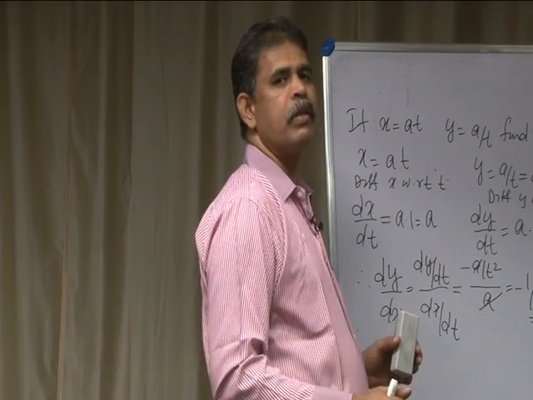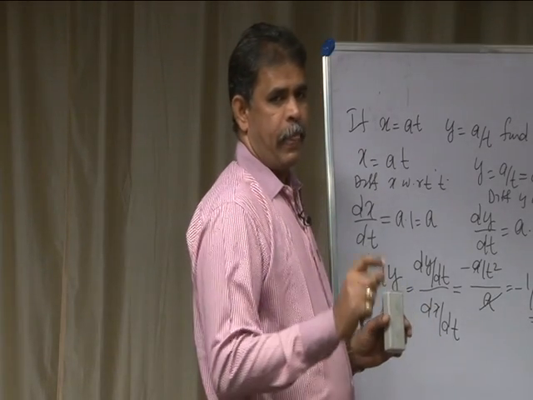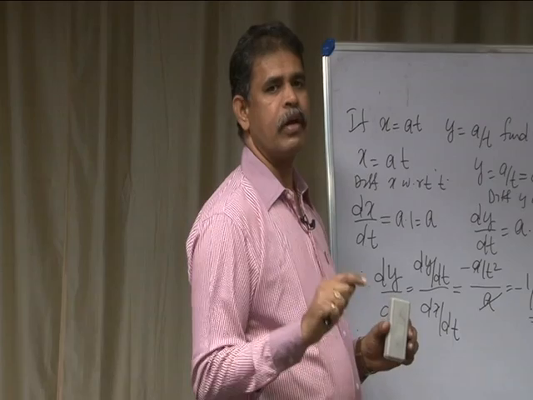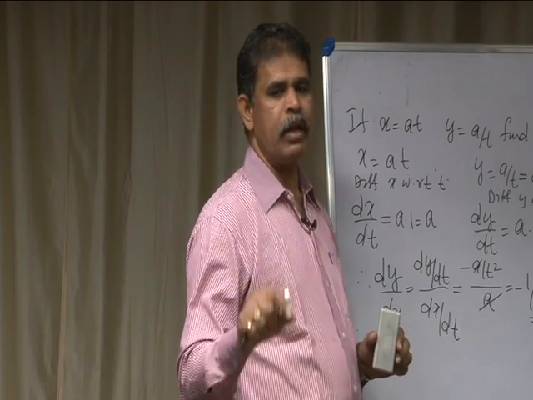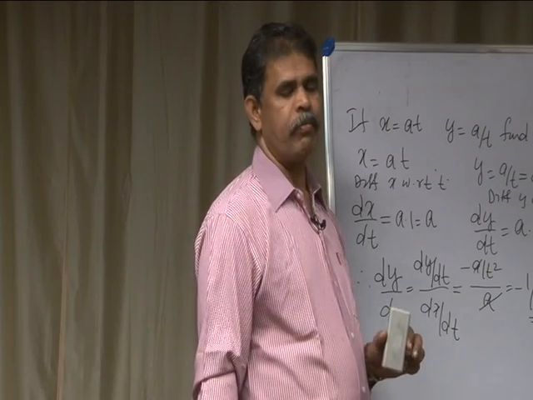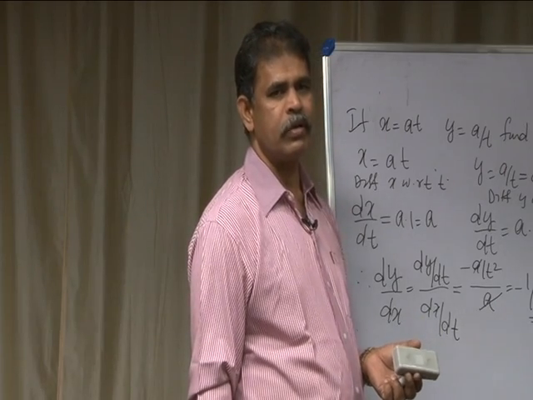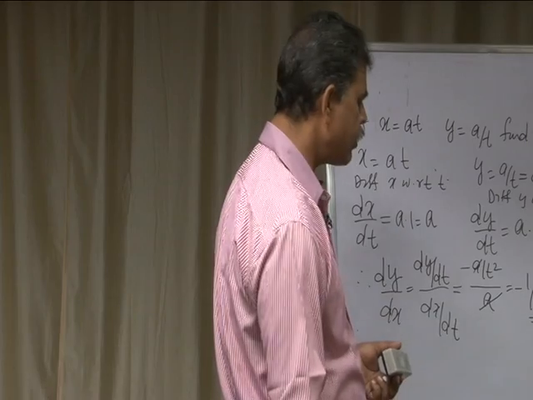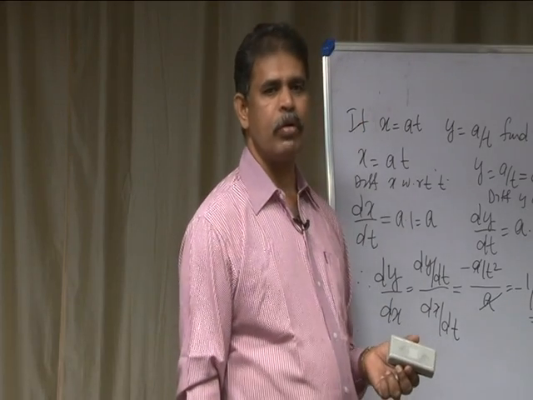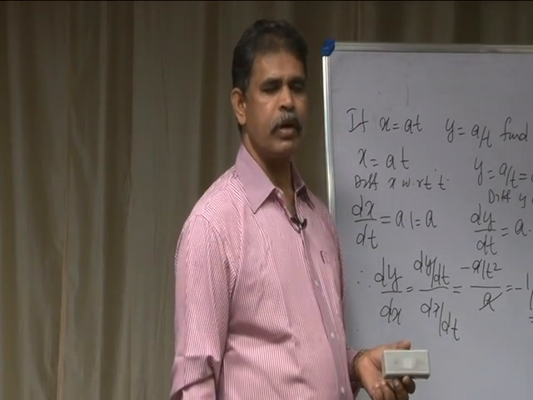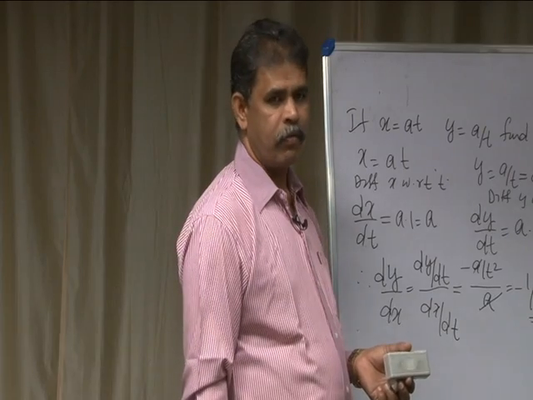So, I will repeat the procedure once again. The functions x and y will be given in a common variable, it may be given in terms of t or in terms of theta. The first step is what? We have to differentiate both x and y with respect to the given variable.